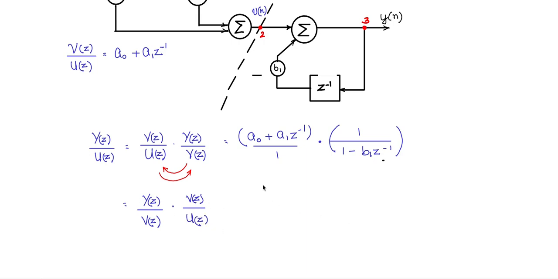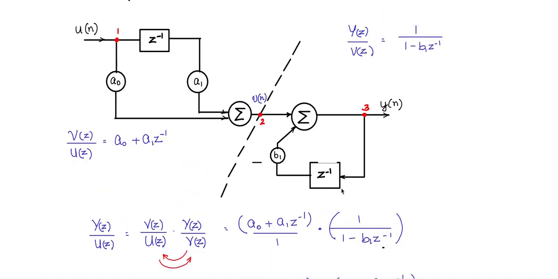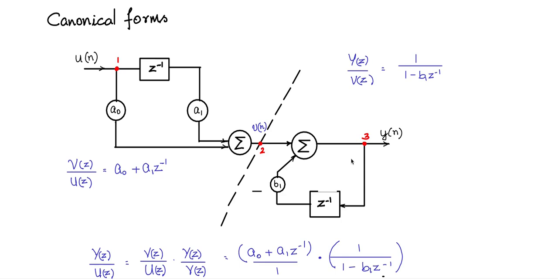Still there is no change, it is the same system, and I can write it this way, 1 minus B1 Z to the power of minus 1 into A0 plus A1 Z to the power of minus 1 by 1, and write this in this fashion also, both are same. So therefore, I can also do an interchange between this set of block and this set of block without loss of generality.